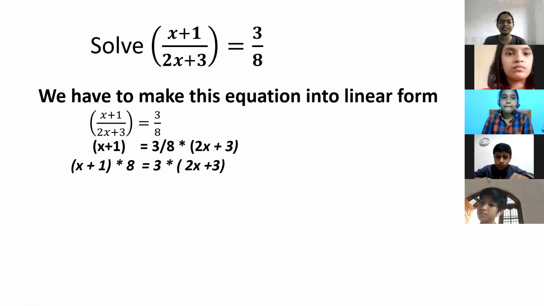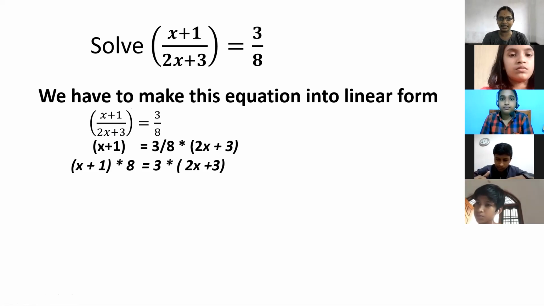First, I am going to move the denominator of LHS. What is the denominator in LHS? The denominator in LHS is 2x plus 3, and it is divided in our LHS.